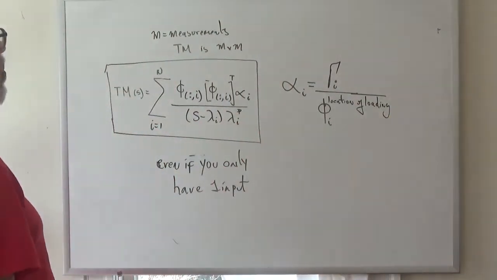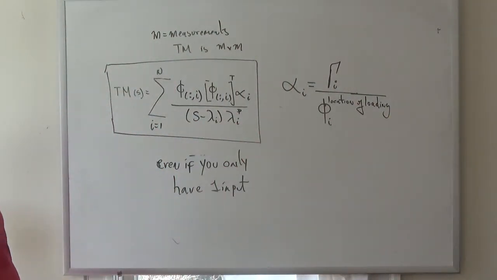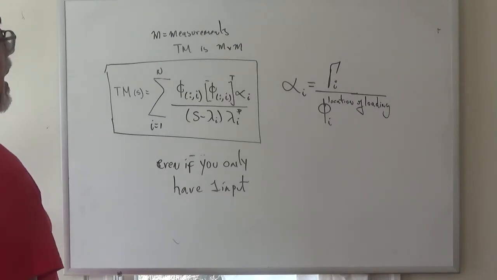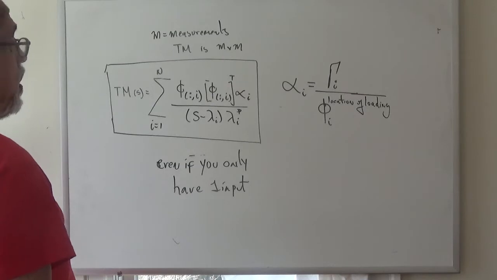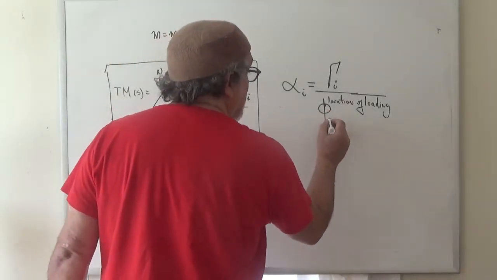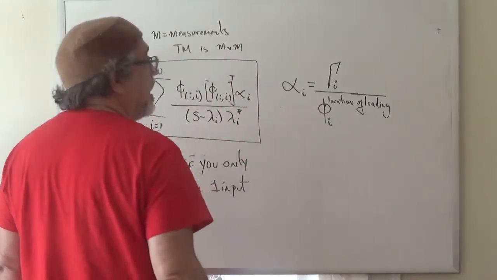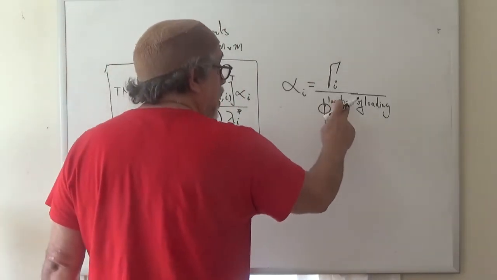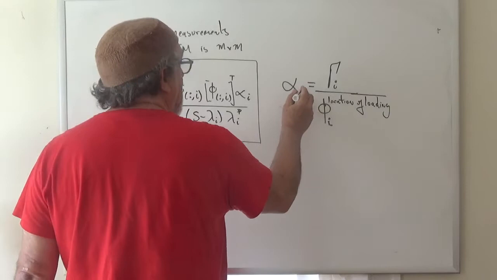Okay, so alpha I is simply equal to tau sub I divided by the mode shape at the location of the loading. Of course, we cannot know this unless we have a sensor there, right? But if we have a sensor at the location of the loading, which is necessary, we can calculate the alpha.